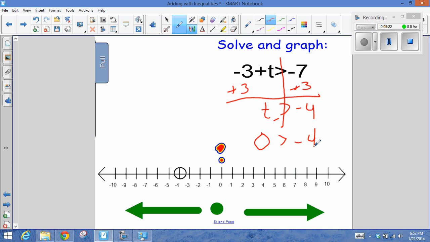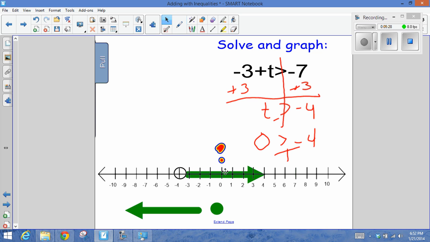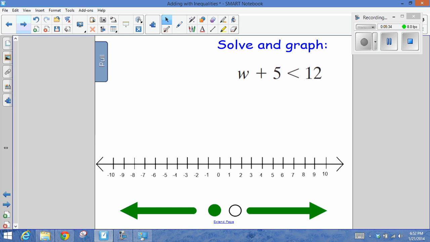Is that true? Yes, it is true. So since that is true, I'm going to shade on this side where the 0 is, and I'm done. All right, why don't you try this one and see how that goes, and then you can unpause the video and I'll do it with you.